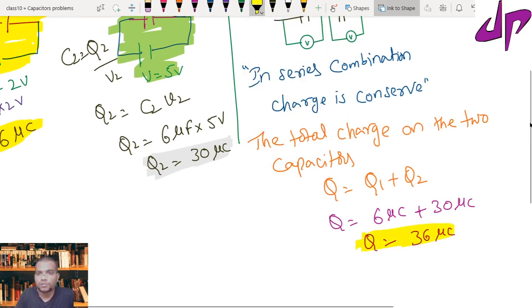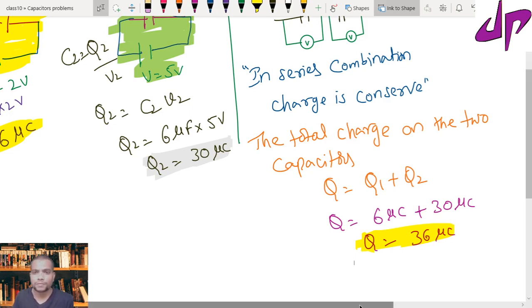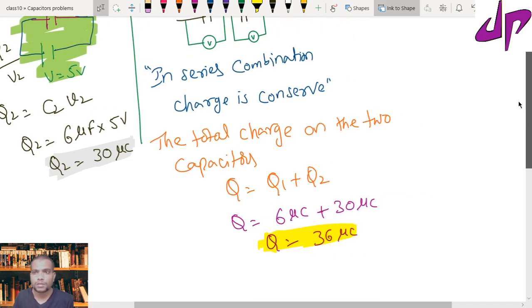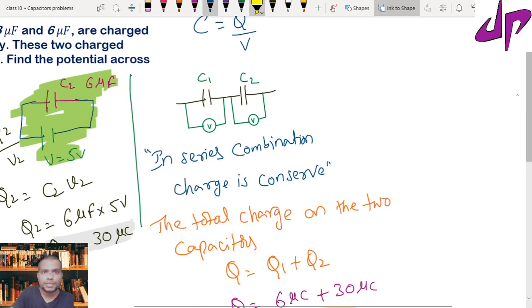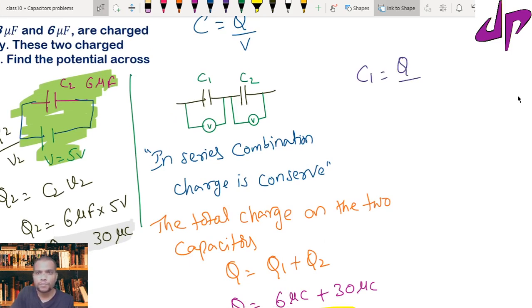Once you figure out the total charge, it is easy to find the potential difference, because we can write the capacitance relation C1 equal to the total charge by the potential V1. I would like to find the potential difference here after charging. So C1 equal to Q by V1.